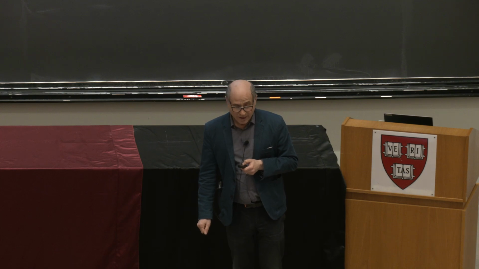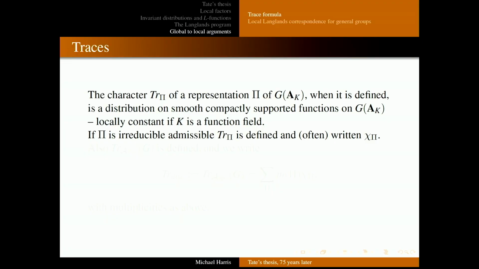Well, how do you calculate the multiplicities, as Langlands already understood in his first paper? When the representation is defined to have a character, it's a distribution on smooth, compactly supported functions, or locally constant functions if it's a function field.